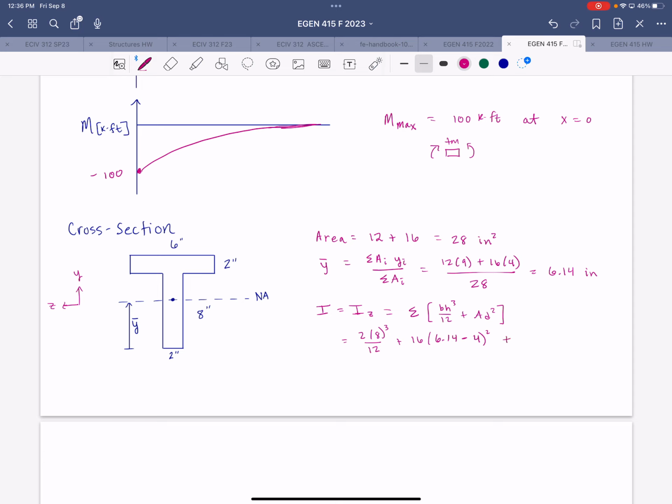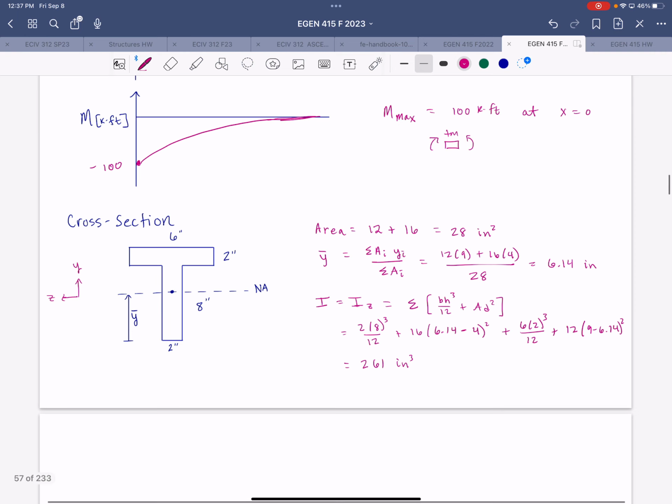And then we have 6 times 2 cubed for the top over 12 plus 12 times the difference between 9 and 6.14 squared. So that comes out to 261 inches to the fourth. Just a little recap there on calculating moment of inertia. I knew you all probably didn't need it, but sometimes it's helpful.